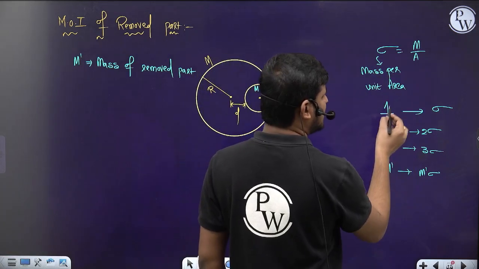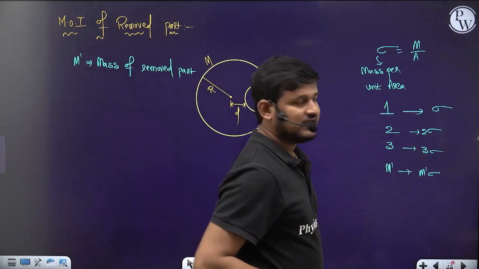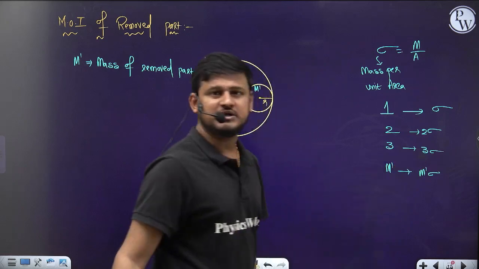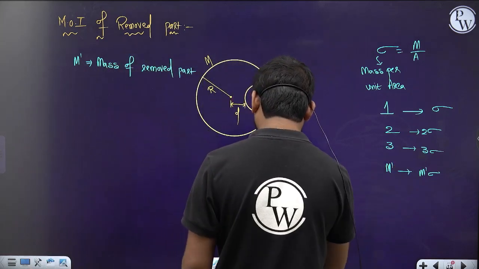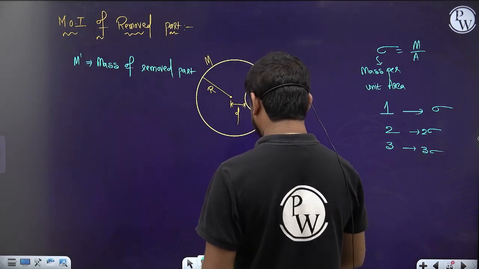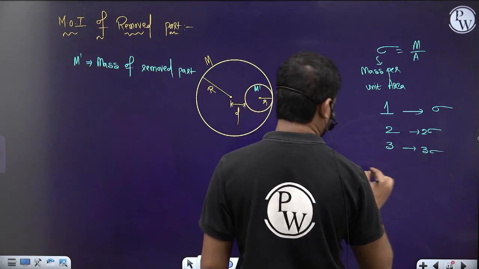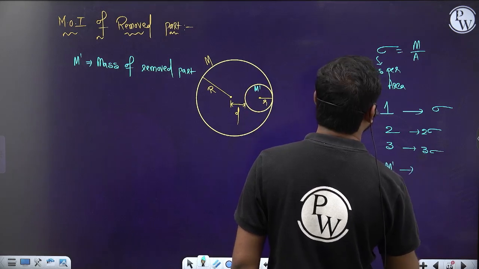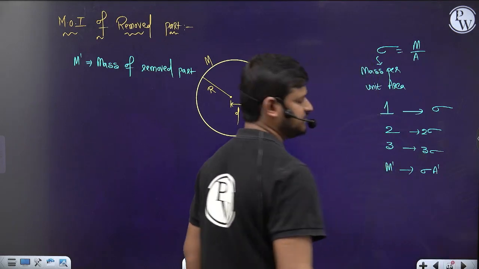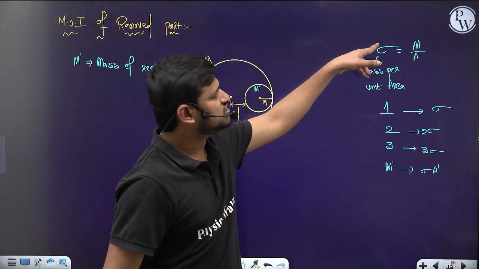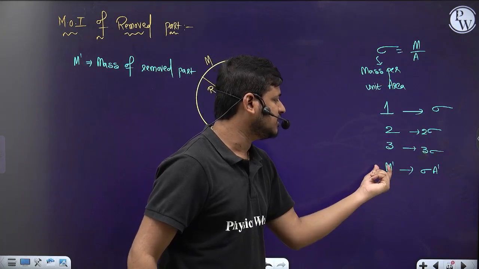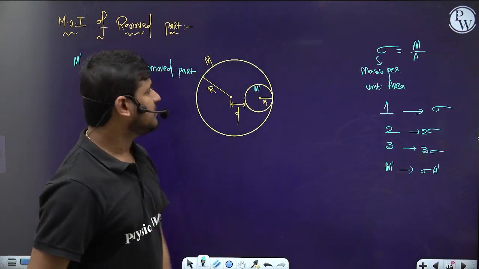So per 1 unit area it's sigma, for 2 units it's 2 sigma, for 3 units it's 3 sigma. Let's say its area is A dash. Because M is equal to sigma into A, right? For M dash it's going to be sigma A dash.